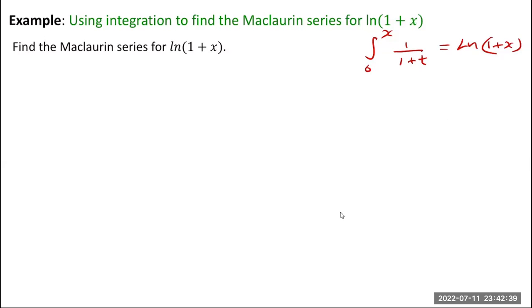All right, but the problem here is, do we know the Maclaurin series for this function? We don't quite know the Maclaurin series for this function, but we know the Maclaurin series for this function, 1 over 1 minus t. This is the one that we used in the previous example. It is sigma k goes from 0 to infinity of t to the power k.